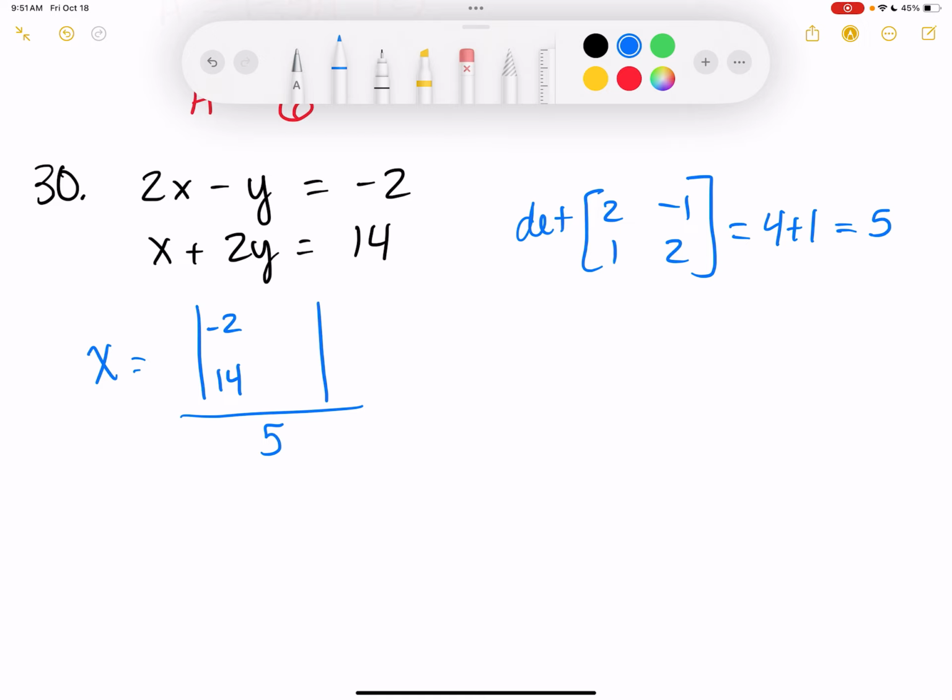Then for the other variable, we just copy the numbers down, so -1 and 2. So then I take the determinant of this. What would the determinant of this be? -10? Yeah, positive. So -4 plus 14 over 5. So 10 over 5, which is 2. So that means x equals 2. Okay.